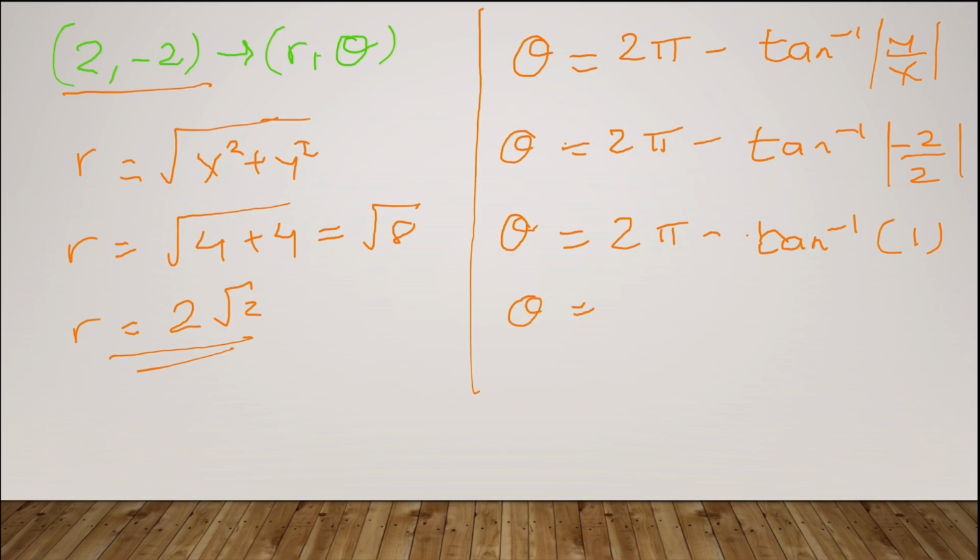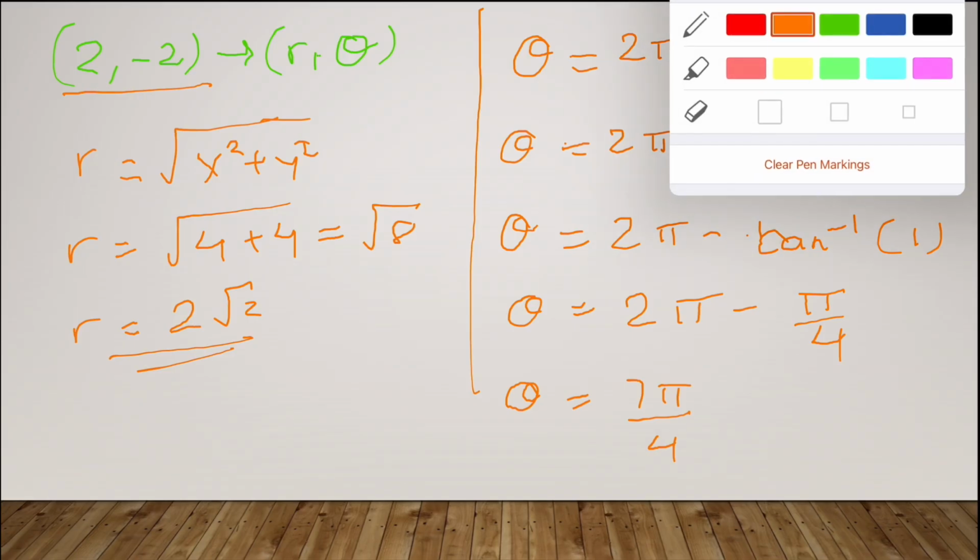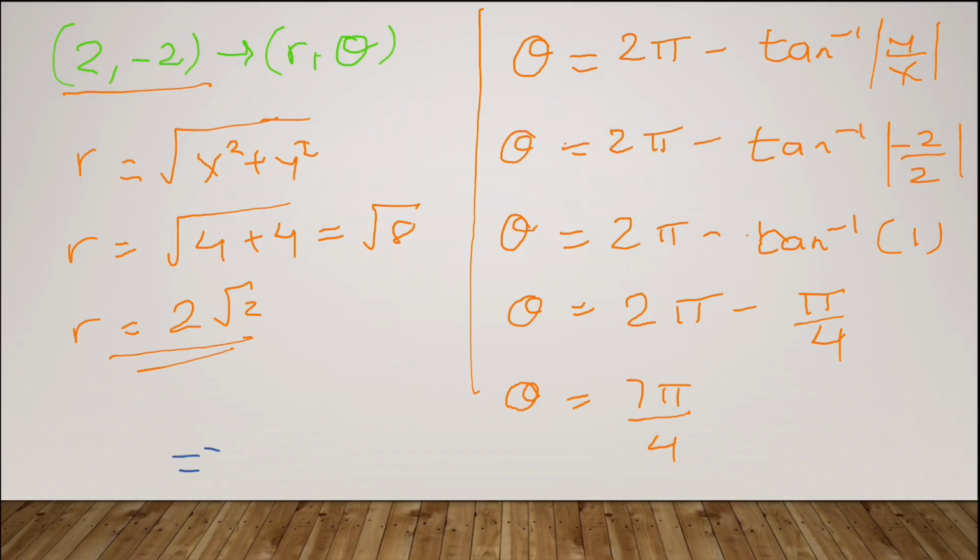Well, tan inverse is 1 at pi over 6, I suppose, yeah. Pardon, pi over 4. So we have 2 pi minus pi over 4. If we take the LCM, we have 8 pi minus pi over 4. So I have 7 pi over 4. So my final coordinates would be 2 root 2, comma 7 pi over 4.